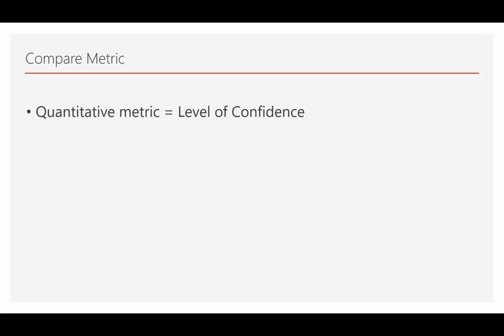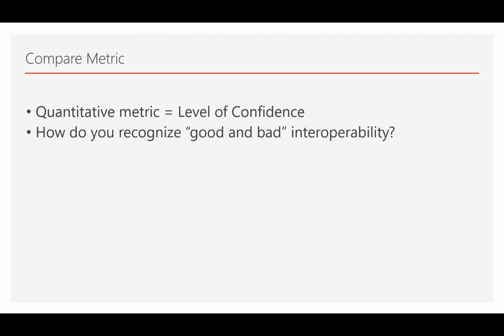The Compare tool gives us a quantifiable metric that denotes a level of confidence for this transaction. During one recent AMIA webinar, a question was posed. How do you recognize good and bad interoperability? I think the answer is quite simple.